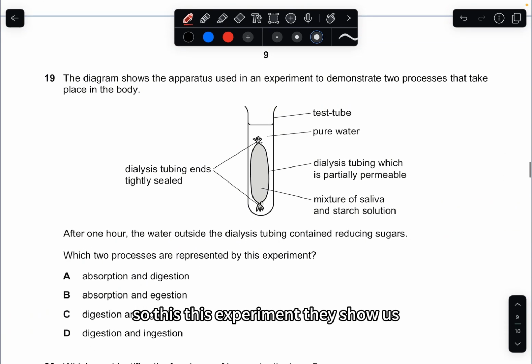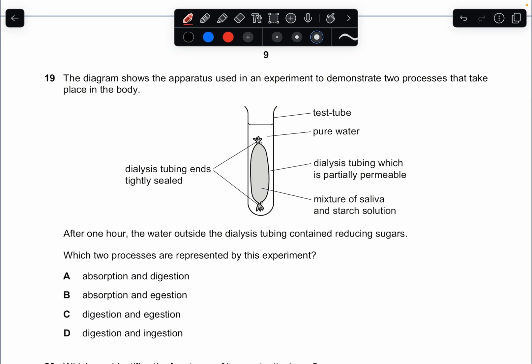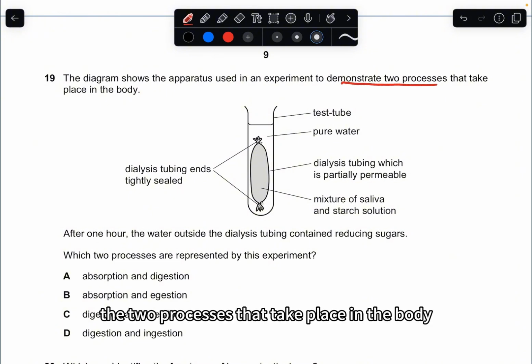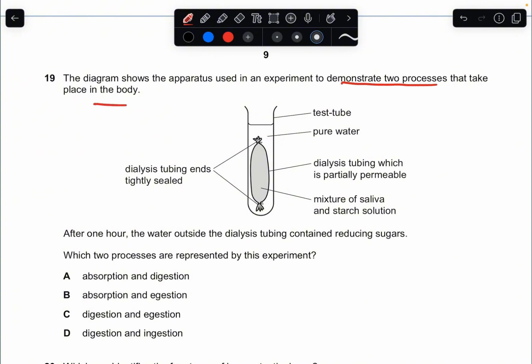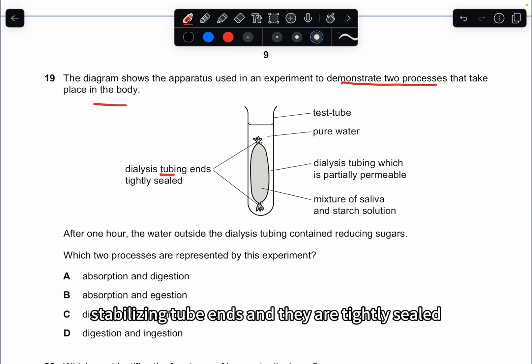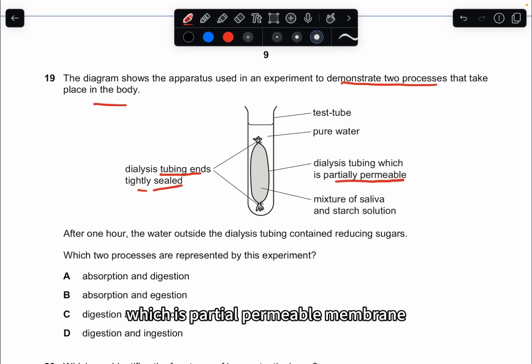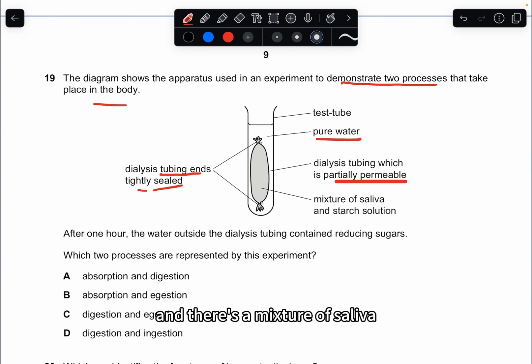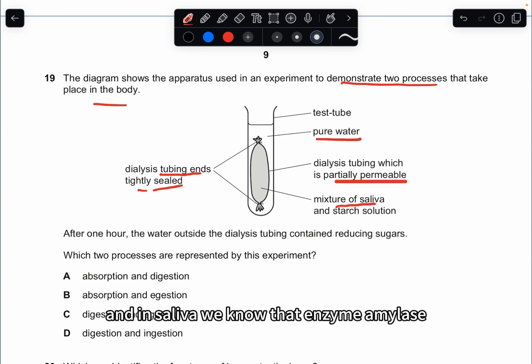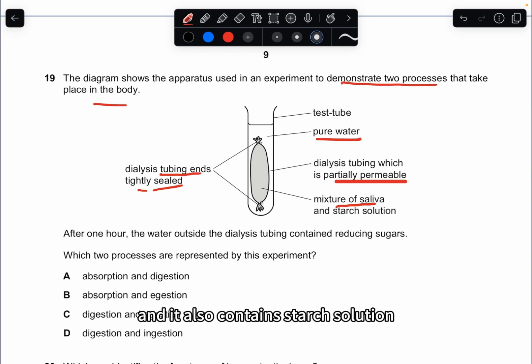So this experiment shows us the two processes that take place in the body. They have this dialyzing tube, whose ends are tightly sealed, which is a partially permeable membrane. Outside is pure water, and inside there's a mixture of saliva, and in saliva we know there is the enzyme amylase, and it also contains starch solution.